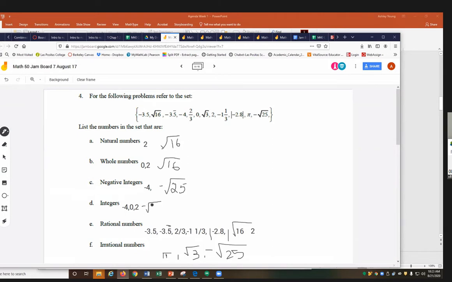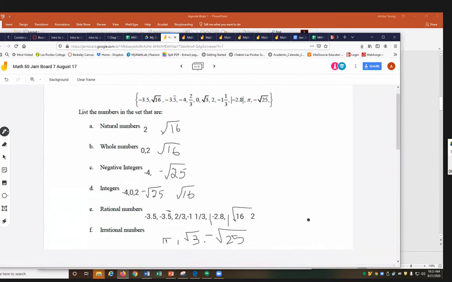Yep, good, perfect. I got the last two, and there's a lot we wrote down here. Probably negative 3.5.